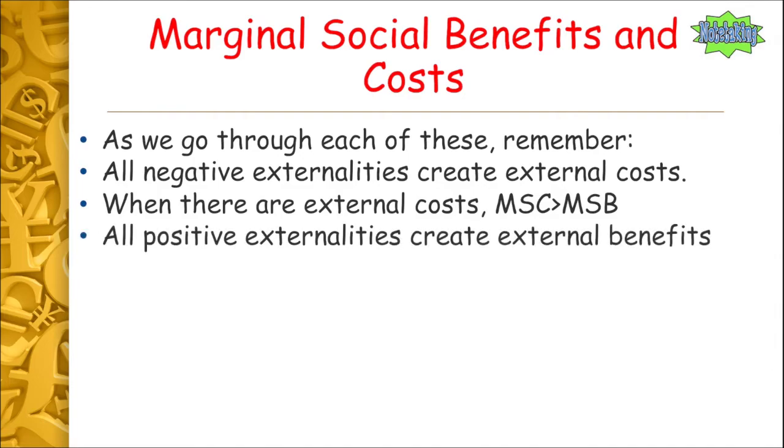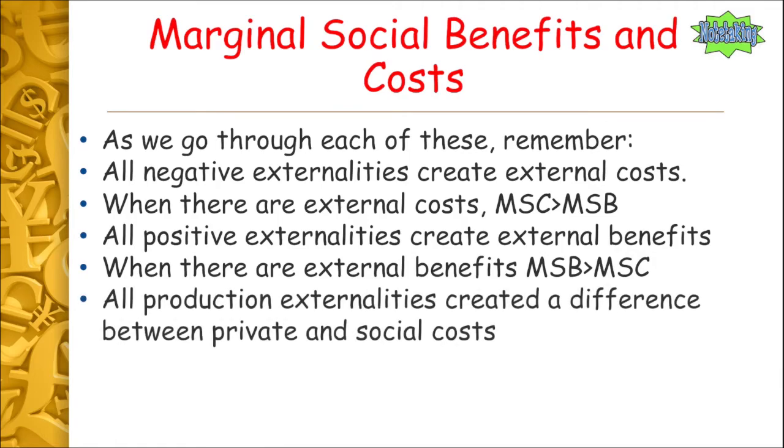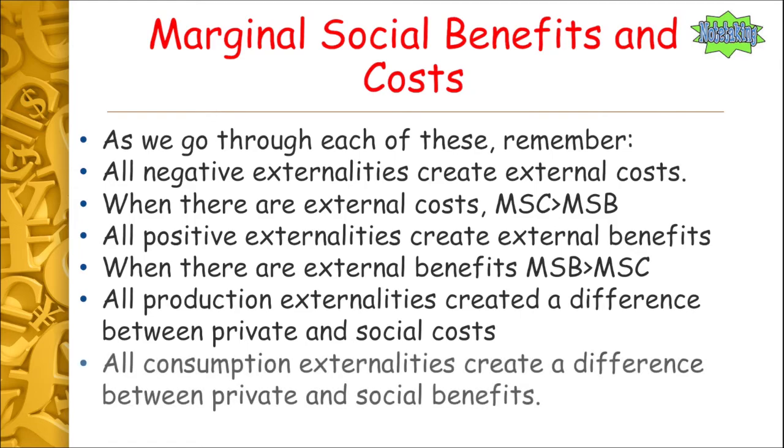All positive externalities create external benefits. So if there are extra benefits, then our social benefits are going to outweigh, or be greater than, our social costs. All production externalities create a difference between private costs and social costs. And all consumption externalities create a difference between private and social benefits.